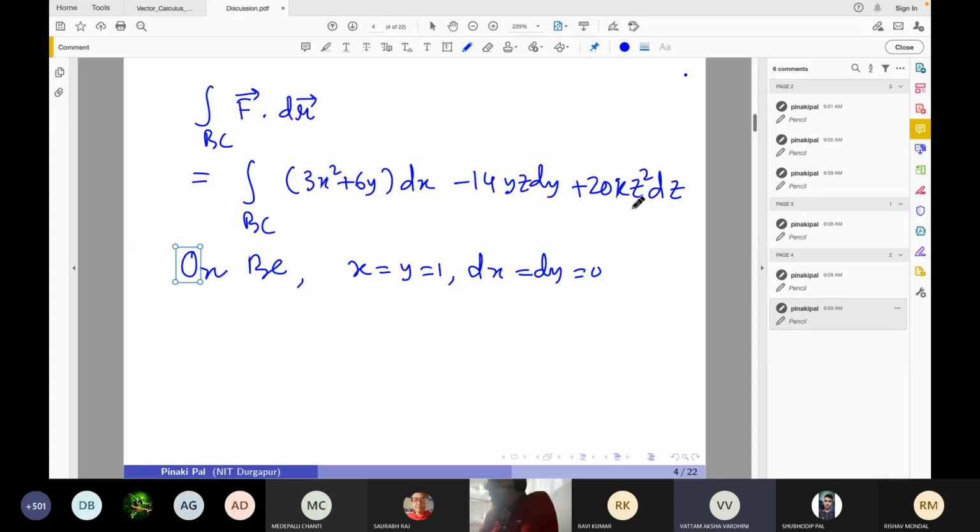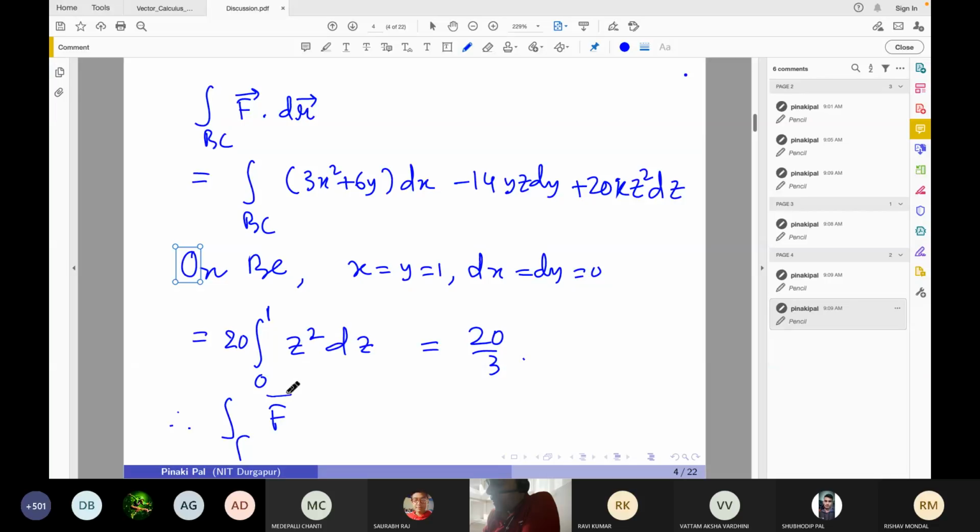Therefore this will become the integral from 0 to 1 of 20xz² dz. The value of x is equal to 1, and 20 by 20 will be z² dz. This will be 1/3, so 20 by 3.